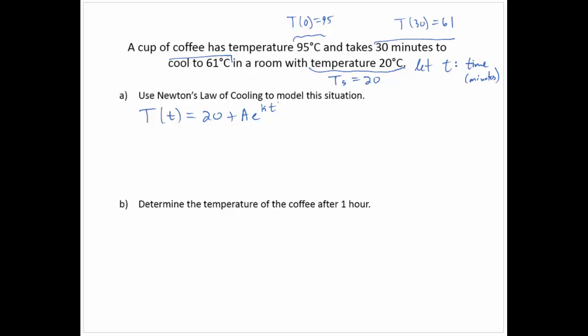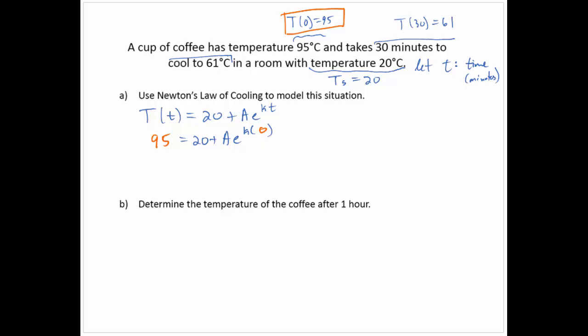I'm first going to start with the fact that T of 0 is 95. I'm going to use that to solve for the A constant. Alright, so if T of 0 is 95, that means that 95 would equal 20 plus A e to the k times 0.